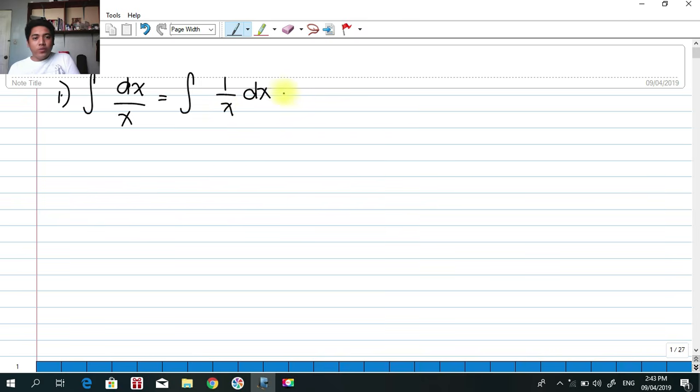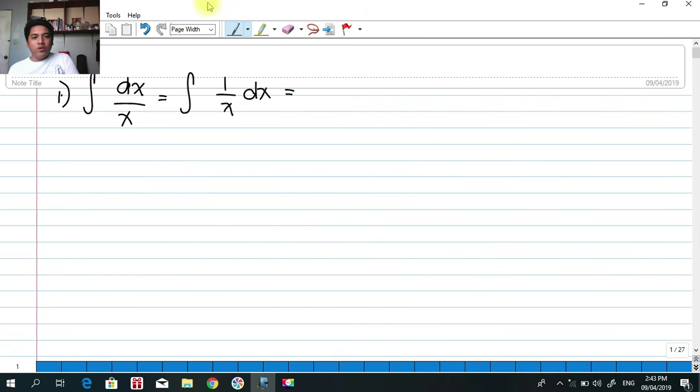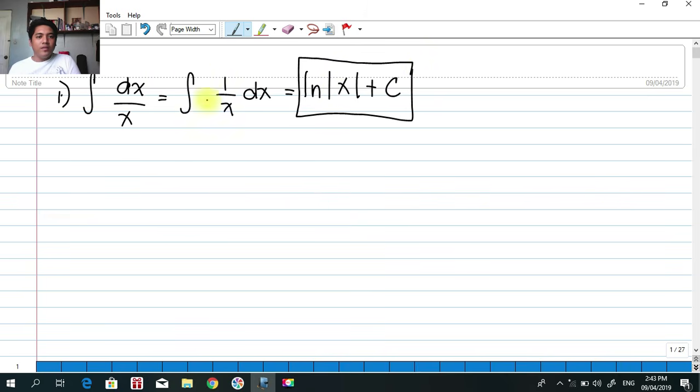From our formula a while ago, the integral of dx over x is simply equal to the natural logarithm of the absolute value of x plus c. Why? Because if we get the derivative of this, we end up with 1 over x dx.